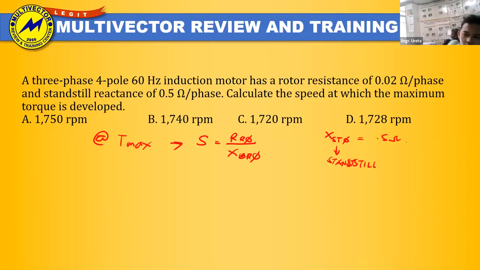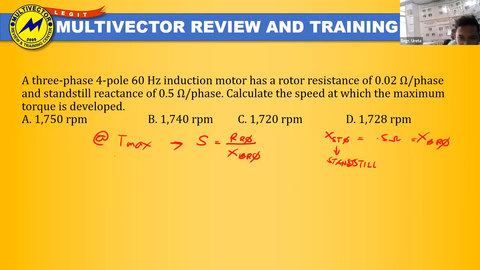Take note, yung standstill reactance, from the word itself, standstill, meaning hindi gumagalaw yung rotor natin. Equal lang din yan sa blocked rotor reactance natin, kasi under blocked rotor condition, our rotor is blocked, hindi siya pinapayagang gumalaw. Kaya equal yan. Standstill reactance is equal to the blocked rotor reactance.